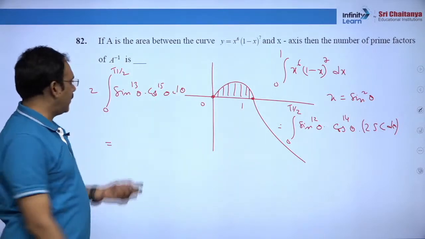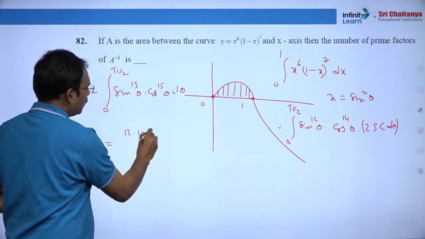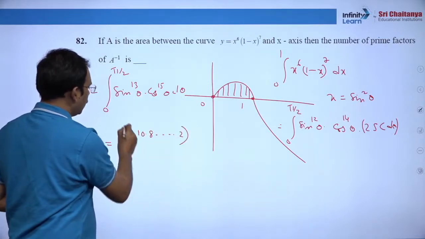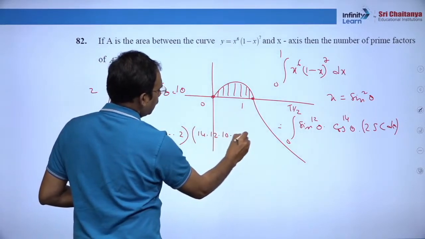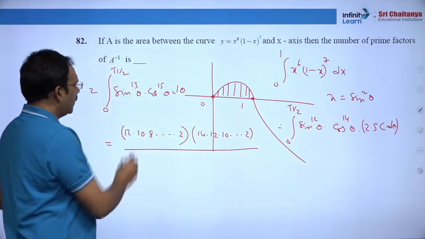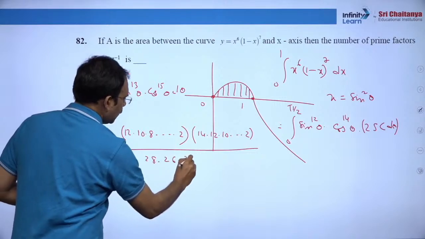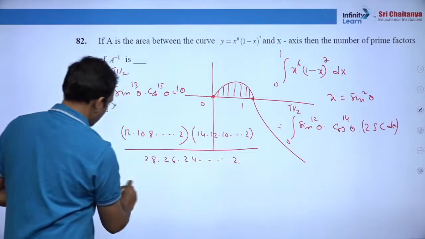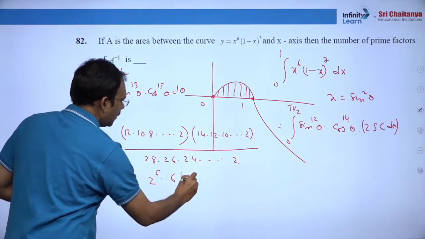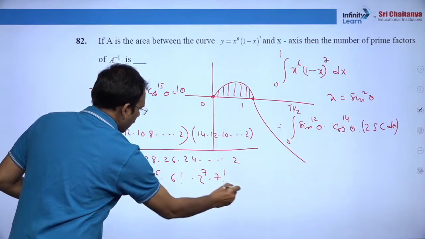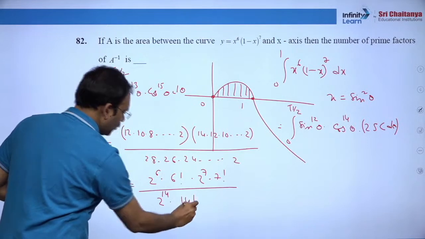So, now you can apply, my dear friend, this is going to be sin power 13 means 12 into 10 into 8 and so on, you can write up to 2. Next here, 15 means 14 into 12 into 10 into up to 2, by sum of these two is 28, you can write 28 into 26 into 24 and so on up to 2, which is, my dear friends, 2 power 6 into 6 factorial, 2 power 7 into 7 factorial by 2 power 14 into 14 factorial.